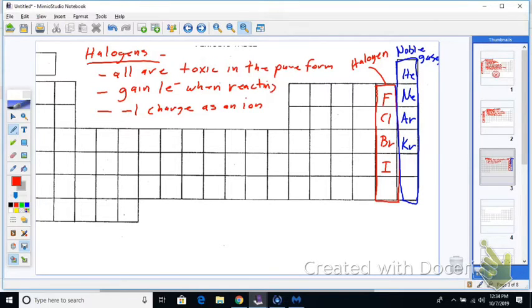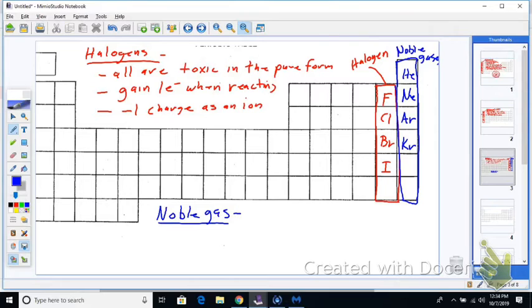Okay. Any questions you have with that group? The halogens. Okay. All right, and then I'm going to go ahead and put the noble gases down here. But the noble gases are right next to a very reactive group, and these are very unreactive.